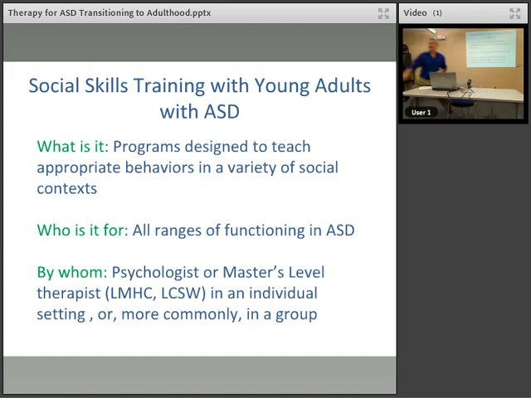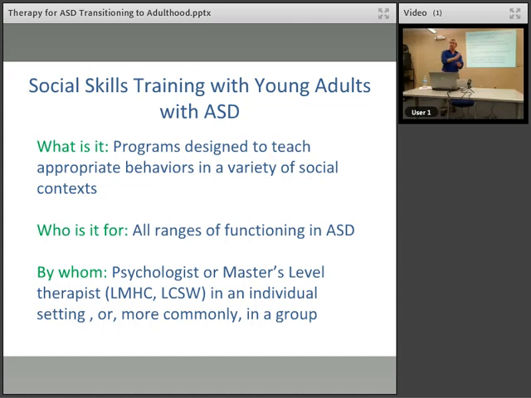The idea with this is that social skills training is programs designed to teach appropriate behaviors in a variety of social contexts. Now, this one is really for all ranges of function. Pretty much all ranges of function have the impairment, and some form of social skills training is going to be needed.